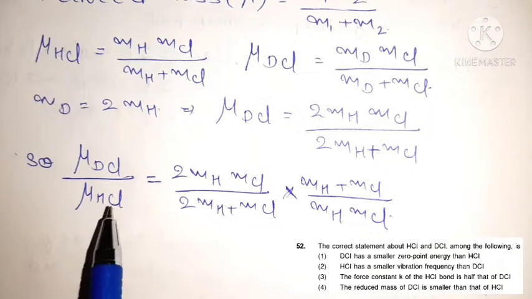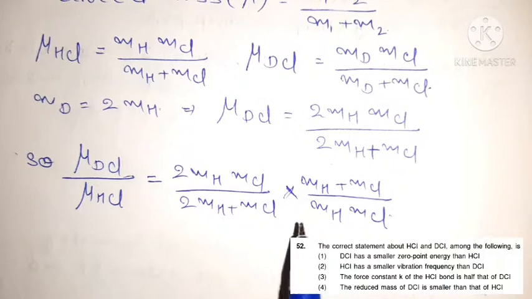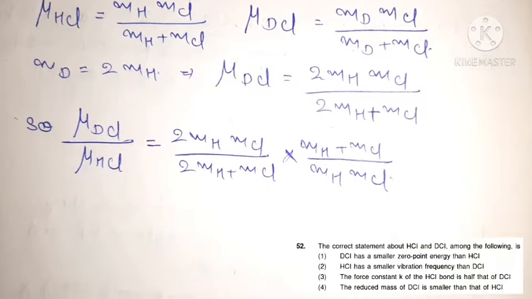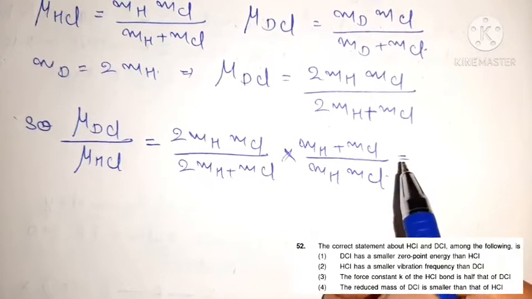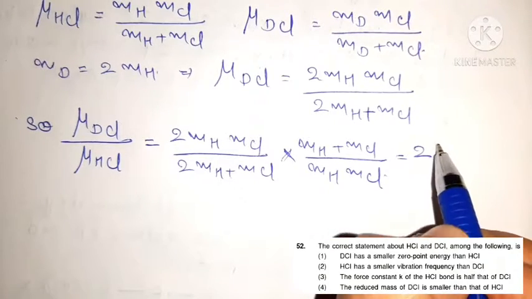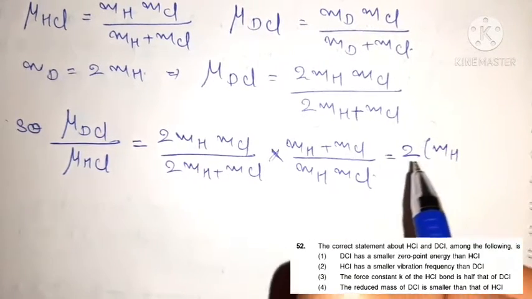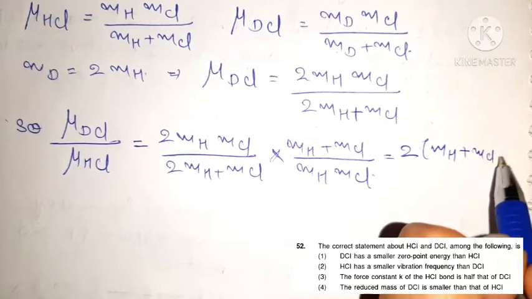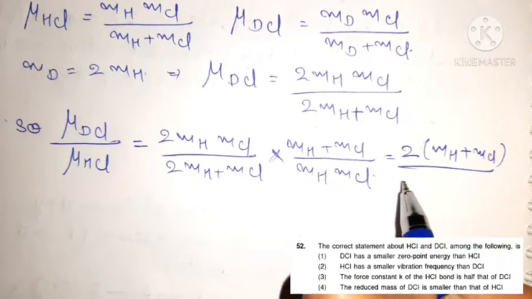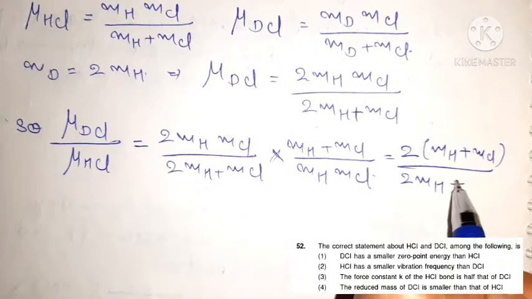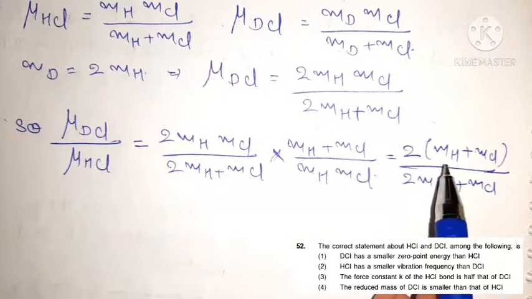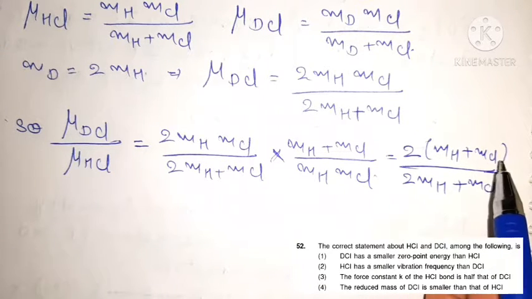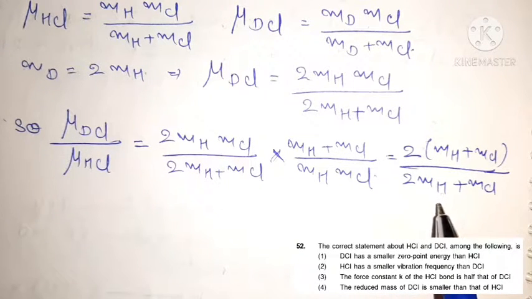When you take the ratio of reduced masses, then this expression will come out. Okay, now when you solve this equation, we get 2 multiplied by mass of hydrogen plus mass of chlorine upon 2 times 2 into mass of hydrogen plus mass of chlorine.